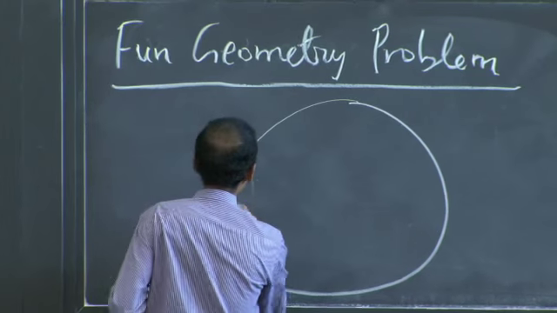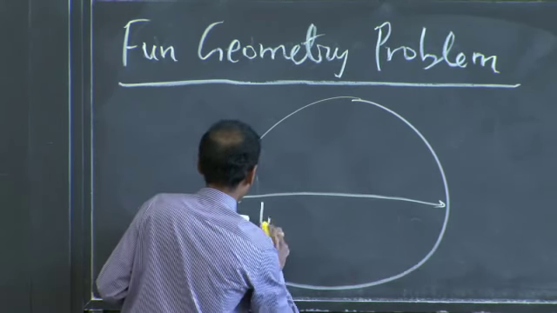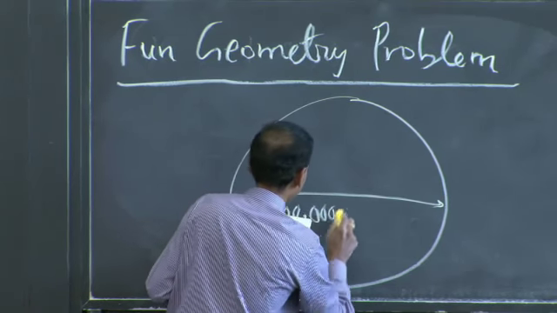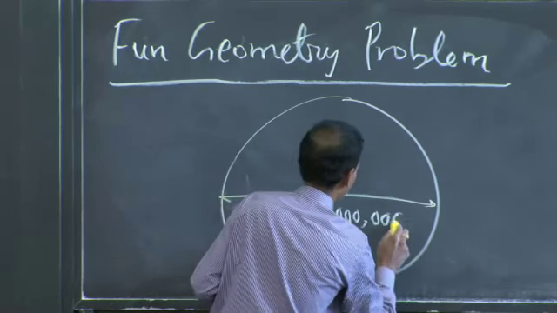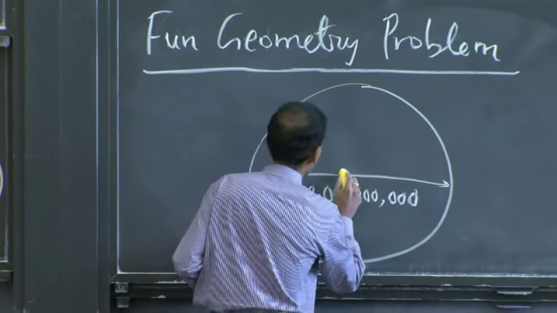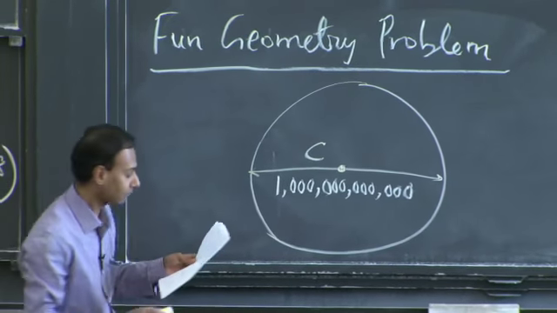And the circle here is a really big circle. It's 1 trillion units long. I'm into big numbers today. The center of the circle is C, for center.